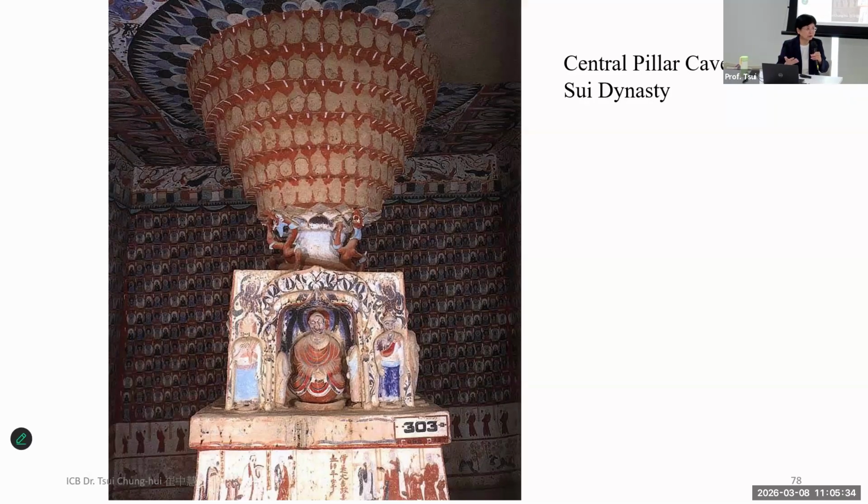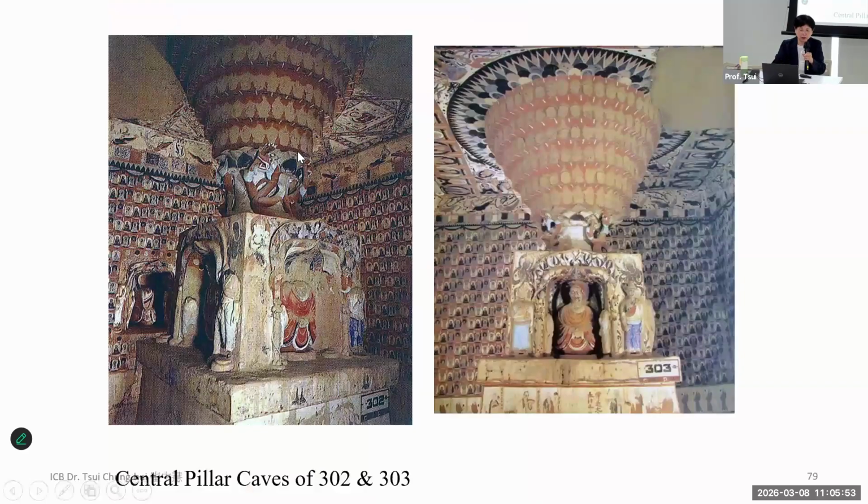So we have a different central pillar design in the Sui dynasty. It is only found in the Sui. We have only 2 caves like this, Cave 302 and Cave 303. The shape is a symbol of Sumeru Mountain.